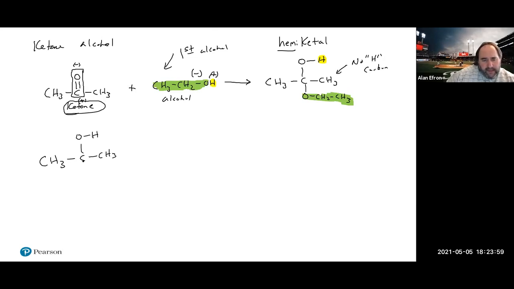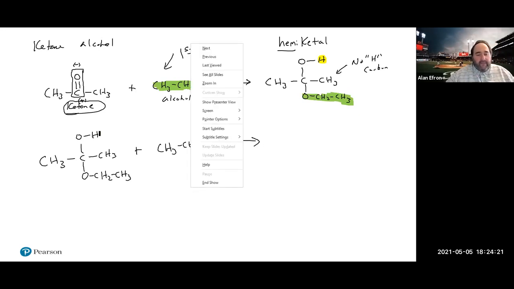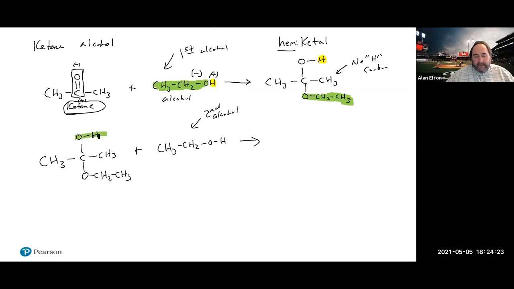And what we will end up with, again, is something very similar to what we talked about with the other one. And here, adding our second alcohol. What happened the last time when we added the second alcohol, we took off water. Same thing happens. We're going to take the OH from there and the H from there. That is going to get us our water.